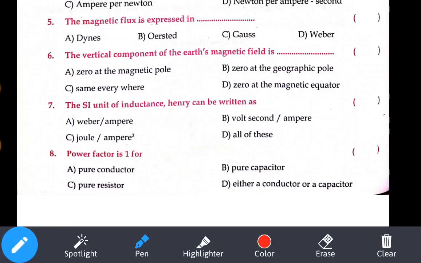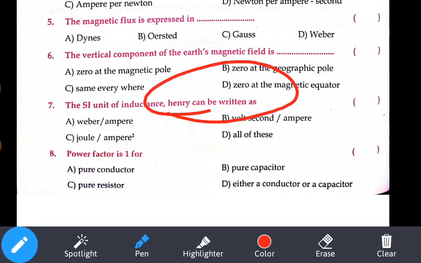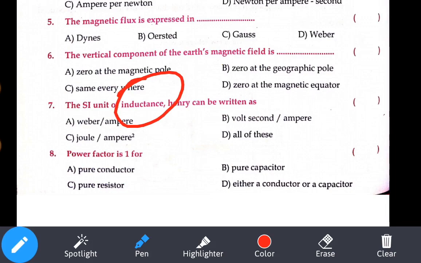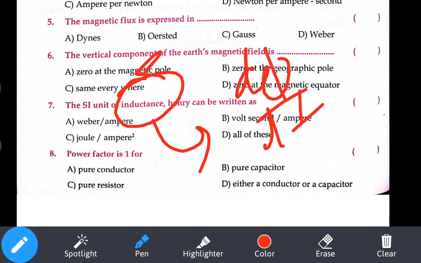The SI unit of inductance, Henry, can be written as. First, you must know what is meant by inductance, then only we can write it. Whenever there is a change in the flux, EMF will be induced.